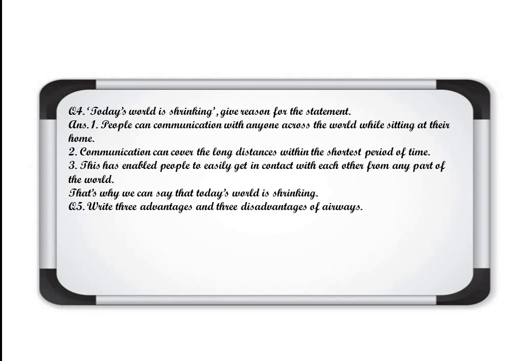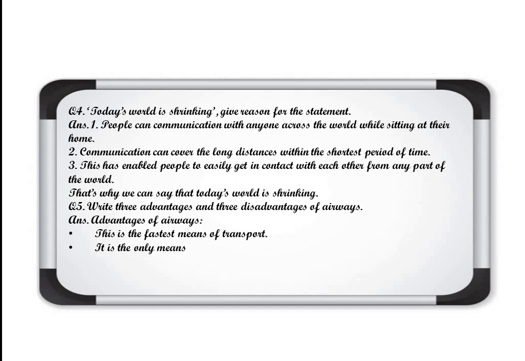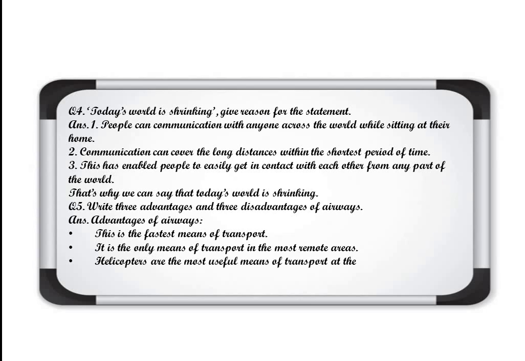Write 3 advantages and 3 disadvantages of airways. Firstly, we will take advantages. Number 1, this is the fastest means of transport. Number 2, it is the only means of transport that is mostly used in the remote areas. Helicopters are the most useful means of transport at the time of natural calamity.